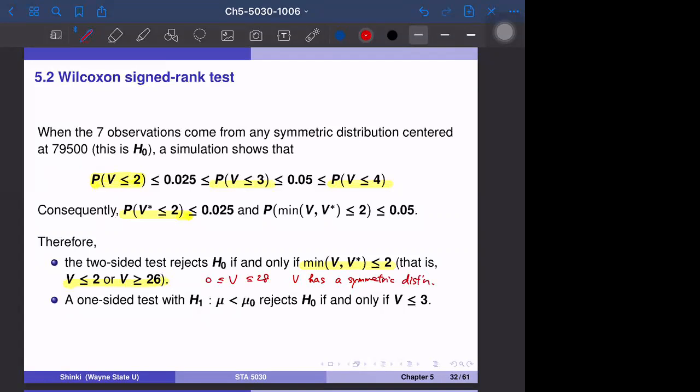This is also equivalent to V asterisk being larger than 26 or V asterisk being smaller than 2.